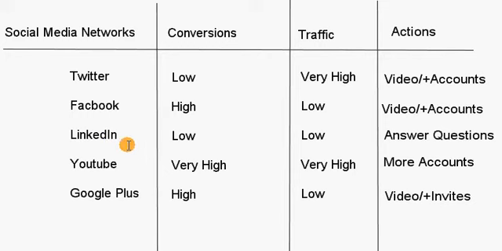Now, LinkedIn is low traffic and low conversions. And the reason why is because I don't know anybody who's really getting any work from LinkedIn. I've got one client probably from LinkedIn, and that was somebody who already knew me from somewhere else, and they just happened to contact me via LinkedIn, and it wasn't something I even initiated.